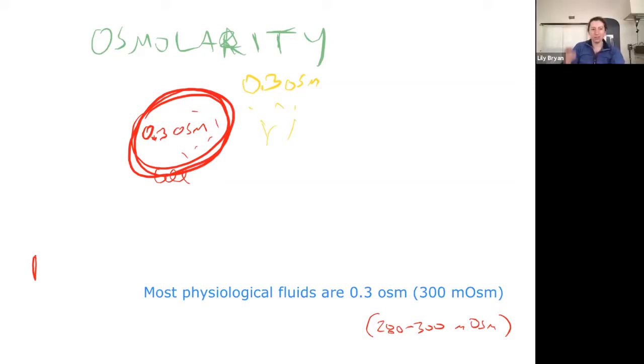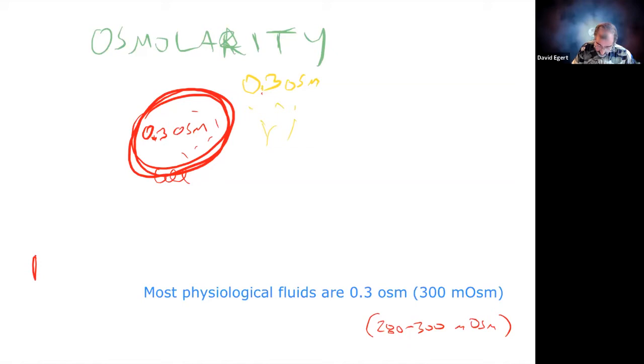Basically zero. If you have a balance in osmolarity inside and outside, there's no net movement of water in or out. There will be water moving in, but for every one that moves in, one will move out. So this cell is not going to inflate or shrivel up.